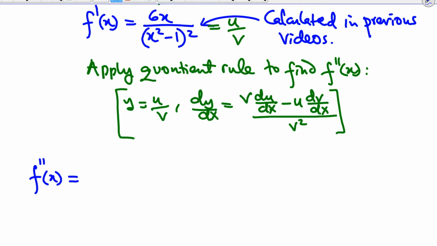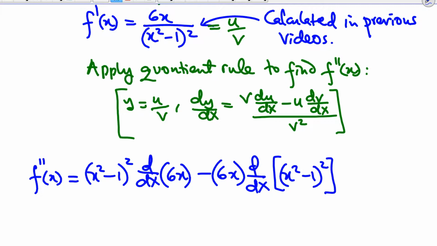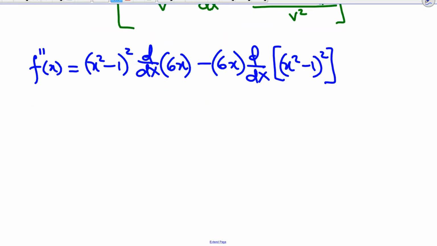I'll start with v, which is (x squared minus 1) squared, times d over dx of 6x, minus 6x times d over dx of (x squared minus 1) squared. Okay, so I need to find the derivative of that. And by the way, all this is over v squared, which is ((x squared minus 1) squared) squared.